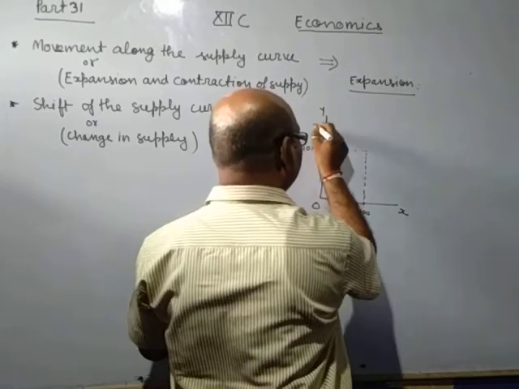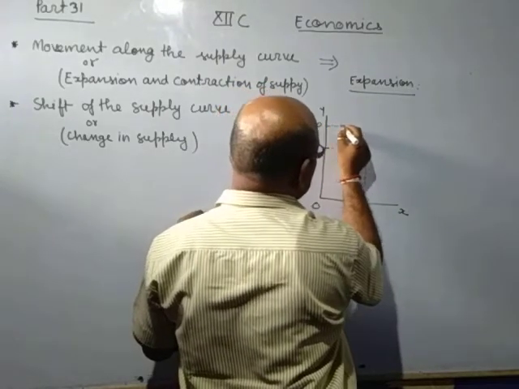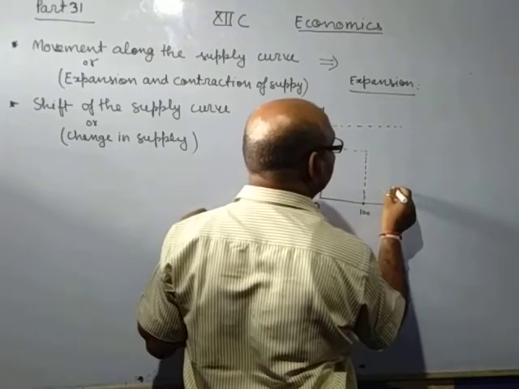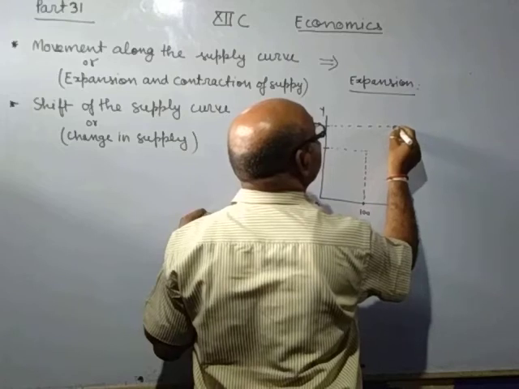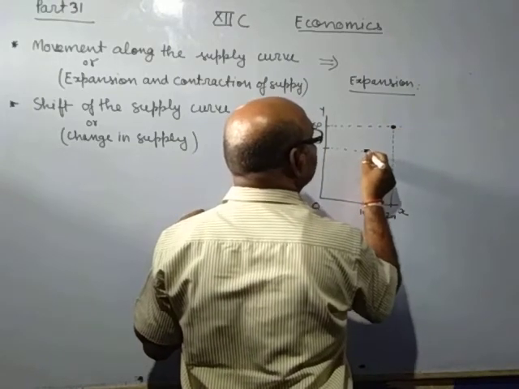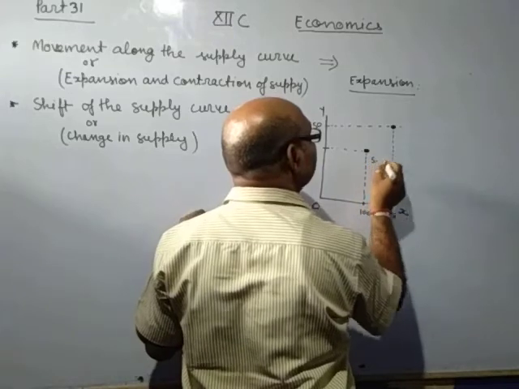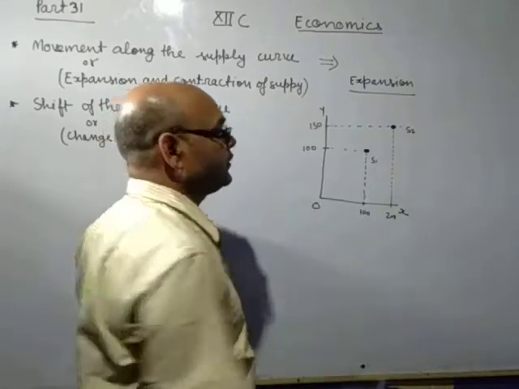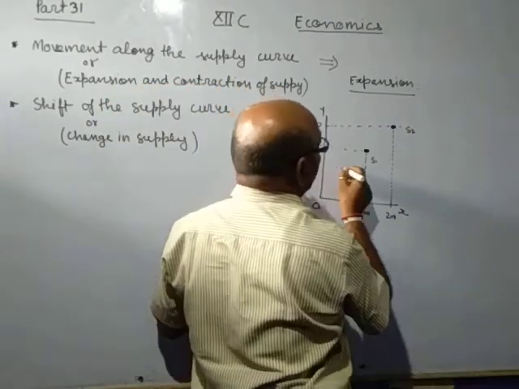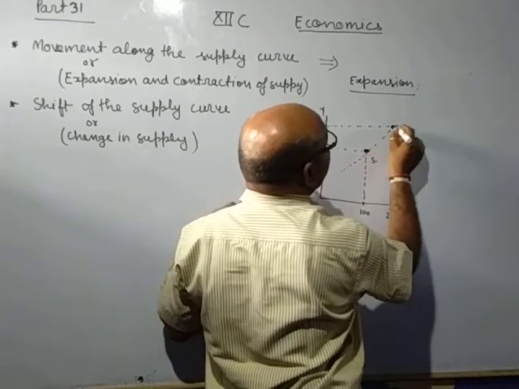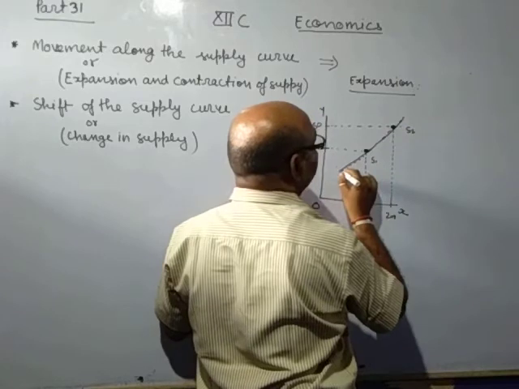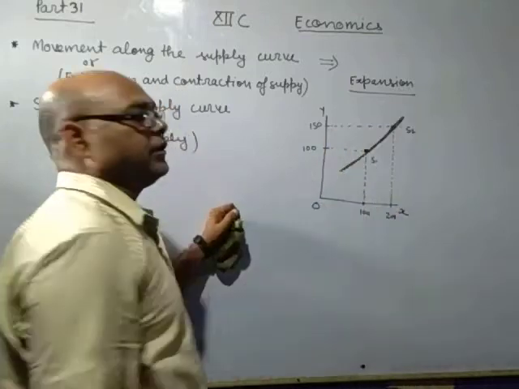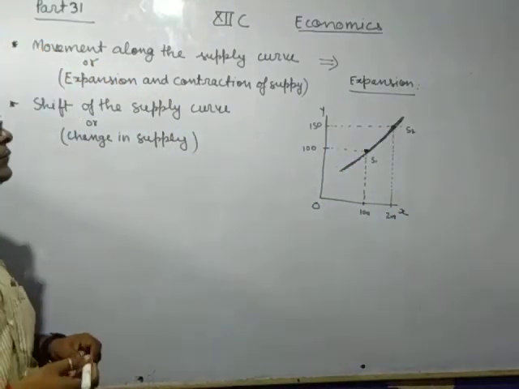Now the price has increased to 150 and supply has increased to 200. So this was the first supply, this is the second supply. If the price increases, supply also increases. Here you are seeing only one supply curve. On the same supply curve, it is increasing.